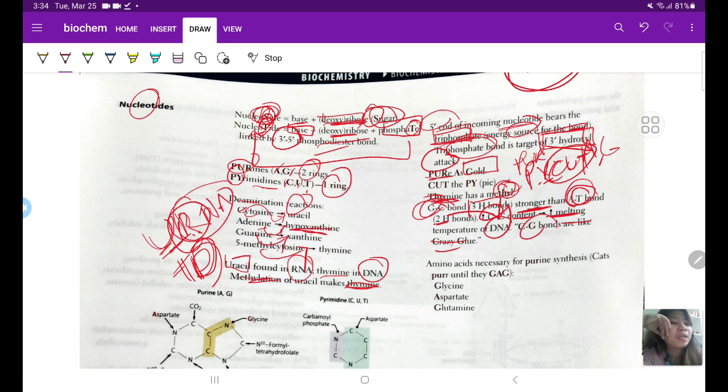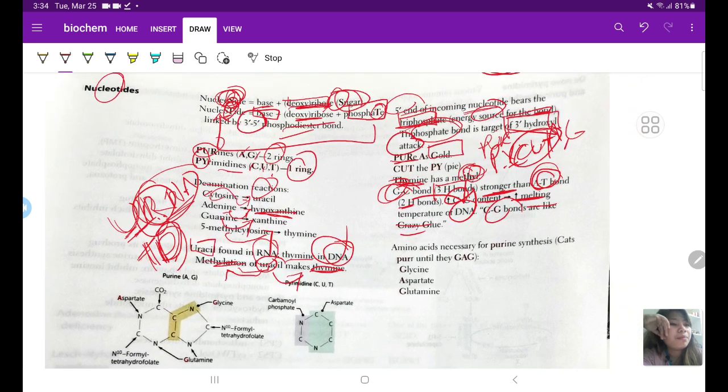That's a good mnemonic. The other one, thymine, TD, DNA. Tidy, like that. So, when uracil is methylated, it makes thymine. Nice.